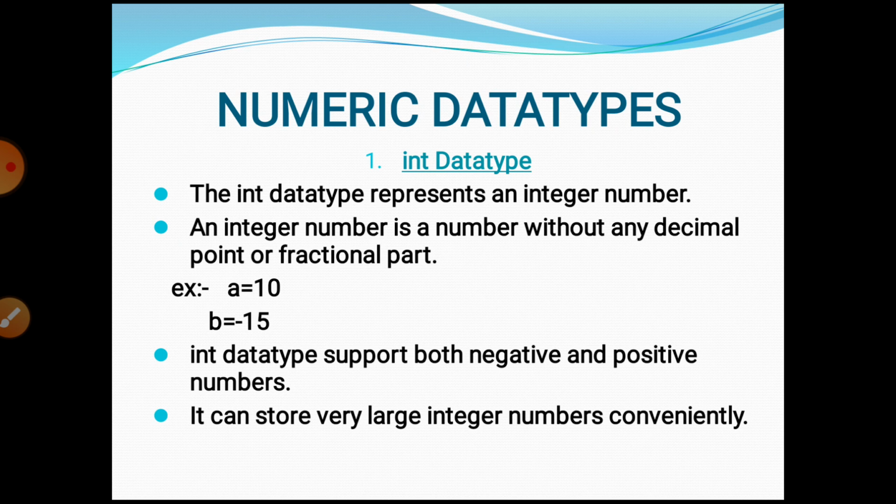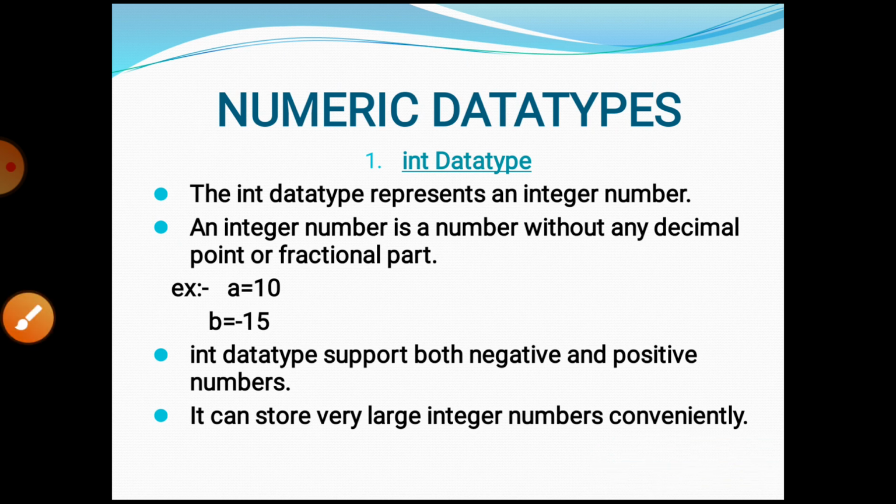Now the numeric data types. The first one is int type. The int data type represents an integer number. An integer number is a number without any decimal point or fractional part.